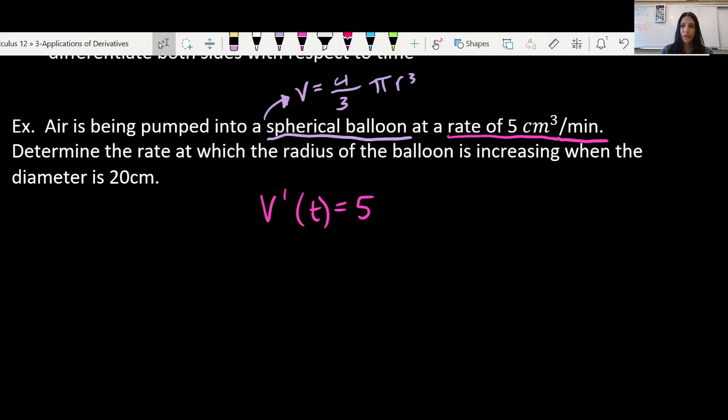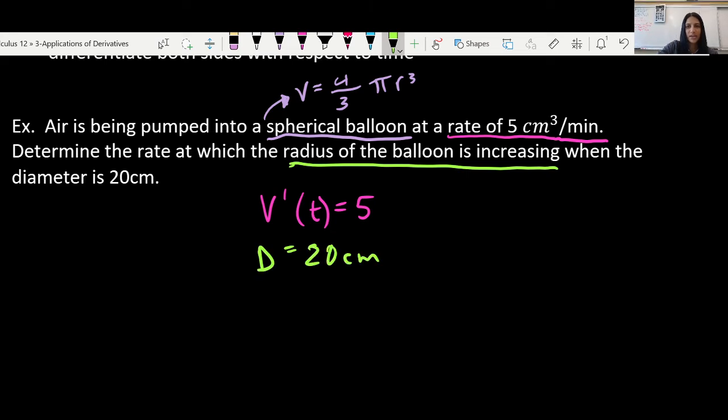And so when we look at this, it says determine the rate at which the radius of the balloon is increasing when the diameter is 20 centimeters. Okay, so if the diameter equals 20 centimeters, then we know that the radius must be 10 centimeters.